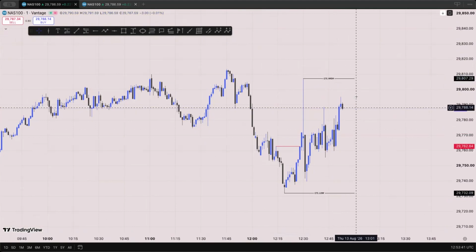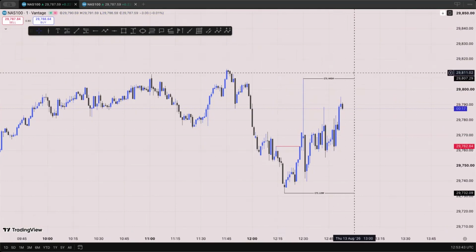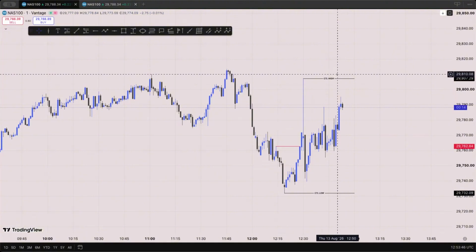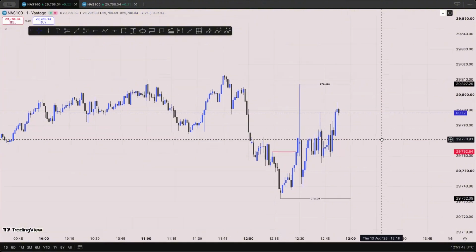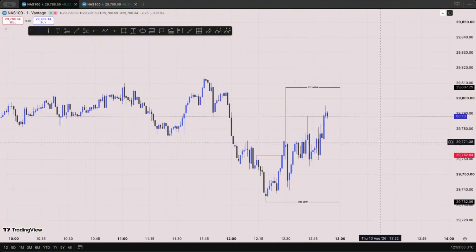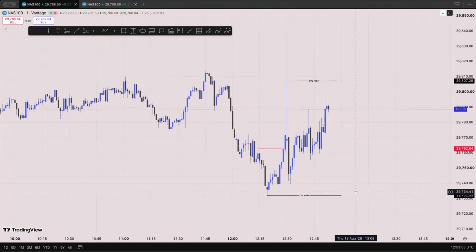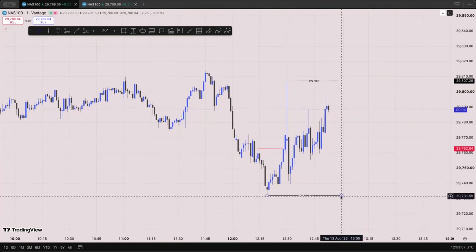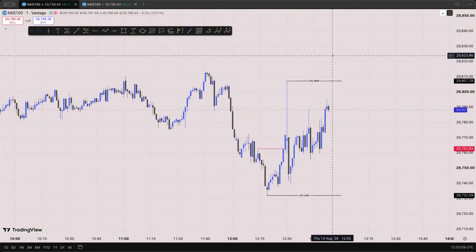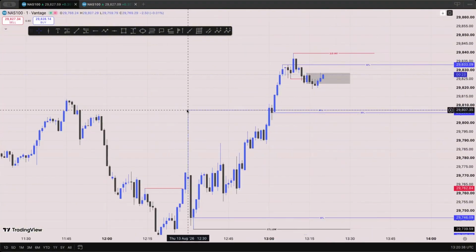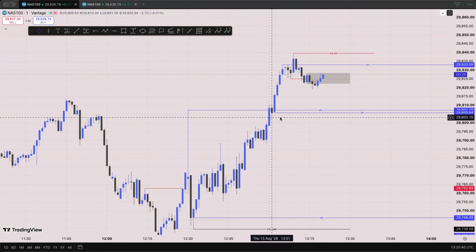So now I'm waiting for price to give a continuation above this leg high to then give me a confirmation to buy in this market. So let's see how it plays out. Let's patiently wait. Price just closed above this higher high and then created two additional higher highs and higher lows.